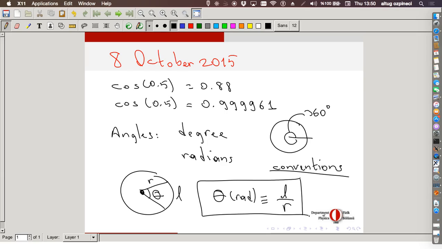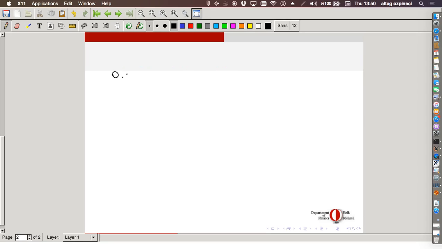And 0.5, okay, so let's see, 0.5 radians is how many degrees? Well, let's see, this is 0.5 radians. Now, 360 degrees is just 2 pi radians.